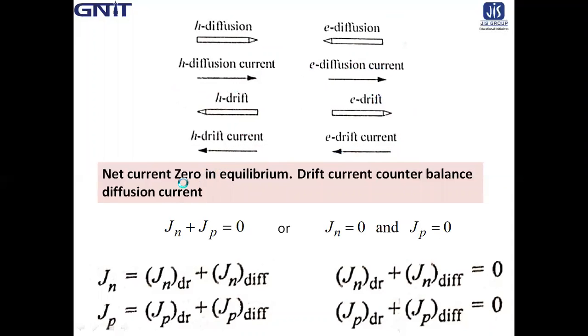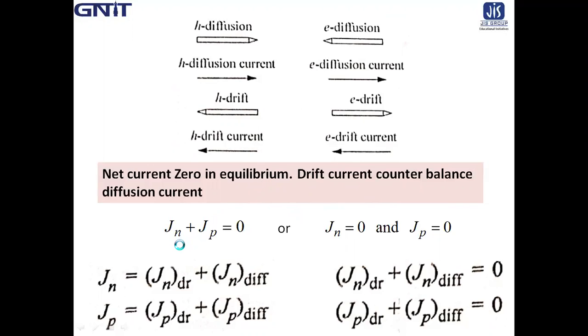So net current is 0 in equilibrium. The drift current must counterbalance the diffusion current.